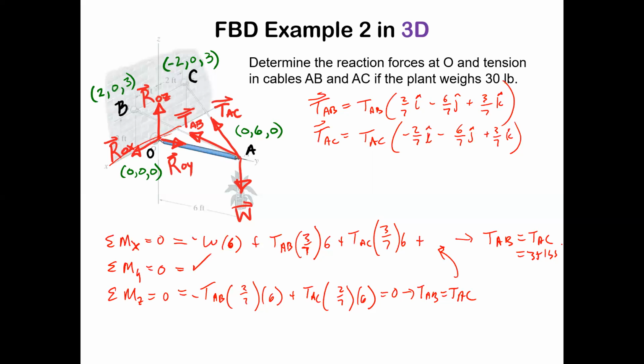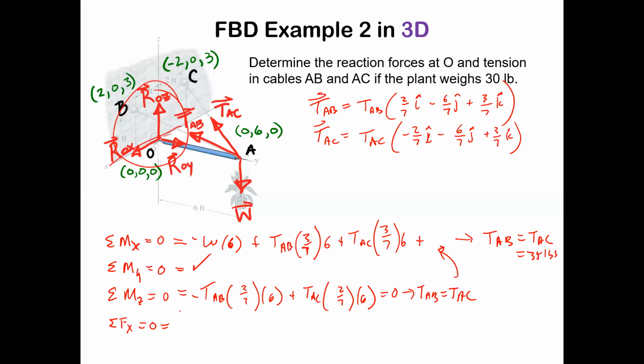So you find TAB, you find TAC, and then for those total forces, we have to take into account whatever that ball and socket has to do. We can do the sum of the FX's to find whatever that ball and socket has to do, right? So the sum of the FX's equals 0.